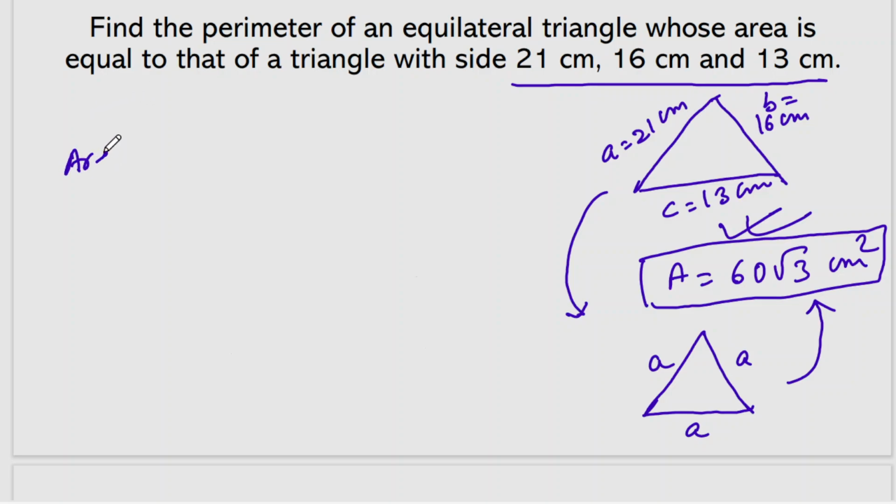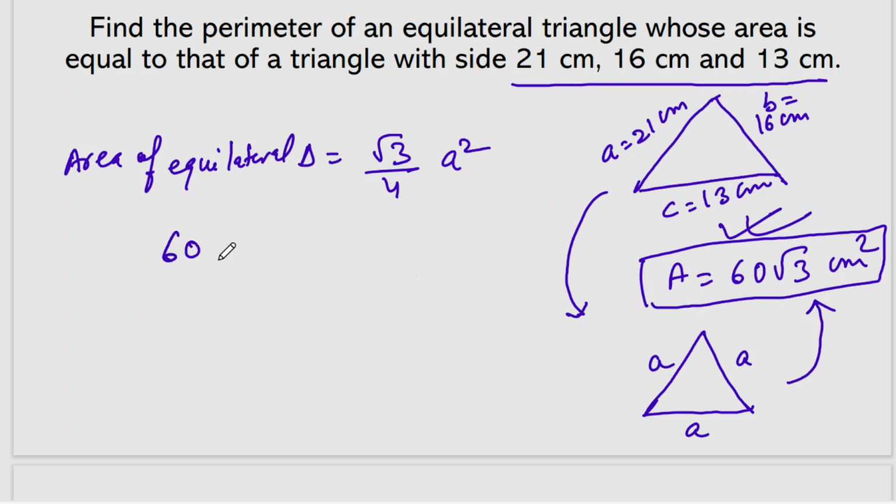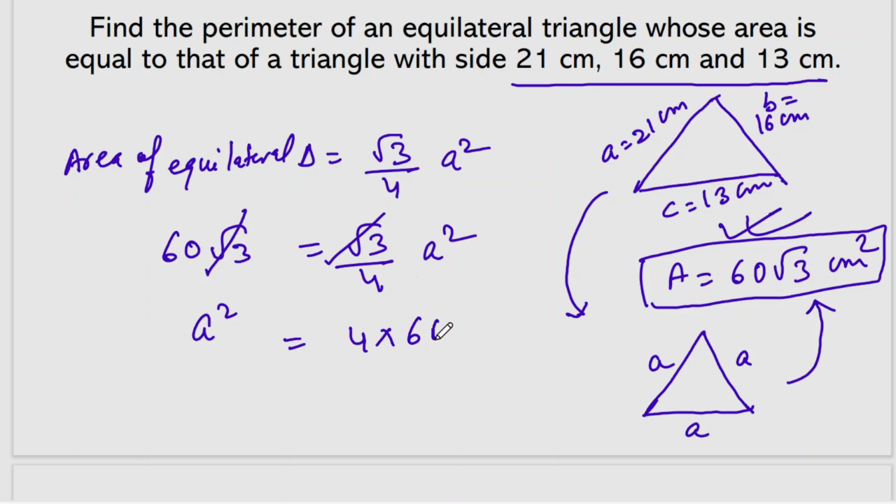Area of an equilateral triangle equals root 3 by 4 a square. So we have to take the same area. So 60 root 3 equals root 3 by 4 a square. So root 3 will get cancelled out. So a square will be equal to 4 into 60.